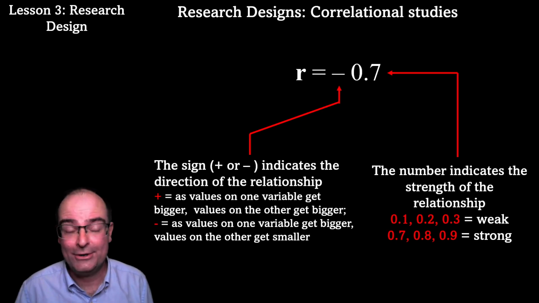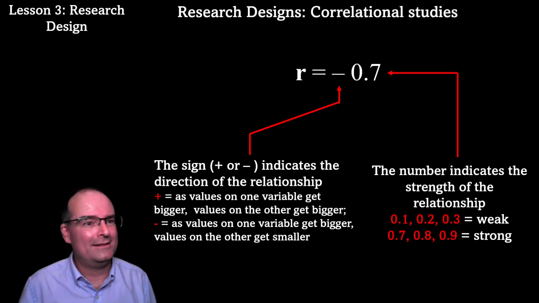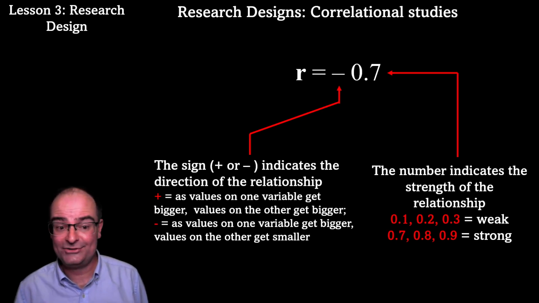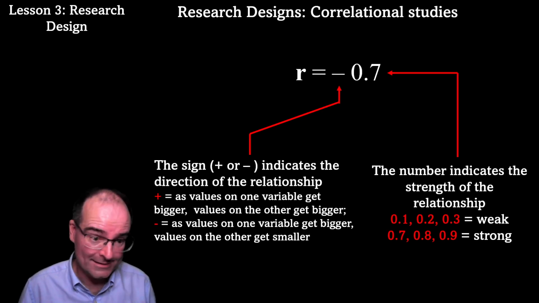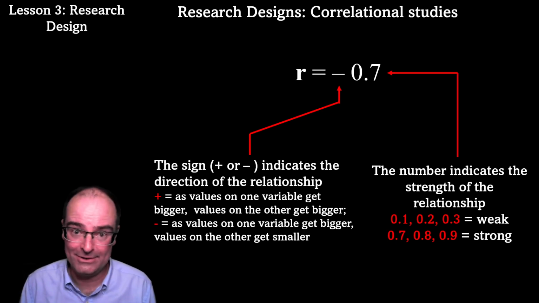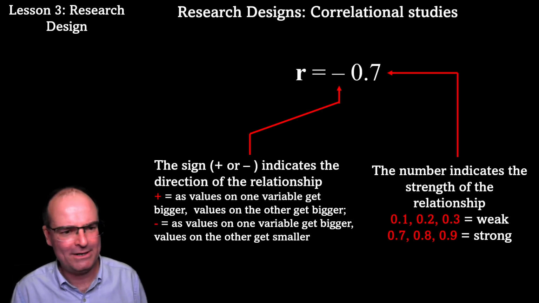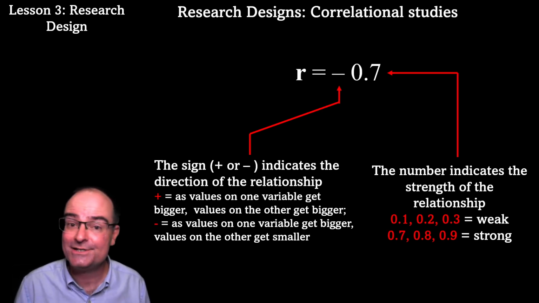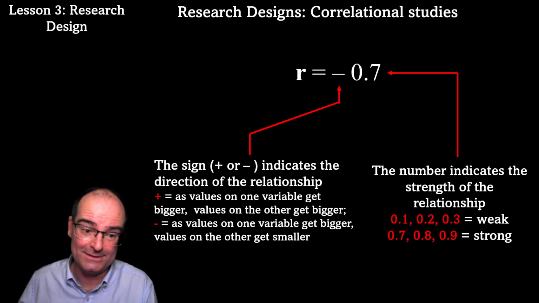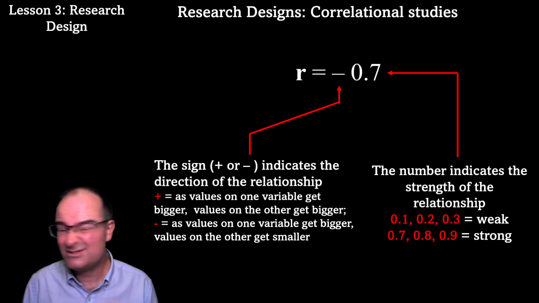Now, correlations don't get bigger than 1 and don't get smaller than -1. This one's a 0.7. That's quite a strong correlation. There's some guidance there. 0.1, 0.2, 0.3, it's fairly weak. 0.7, 0.8, 0.9, very, very strong. Just to give you a ballpark, the correlation between HSC performance and university performance is about 0.4 at Sydney University, which isn't too bad.